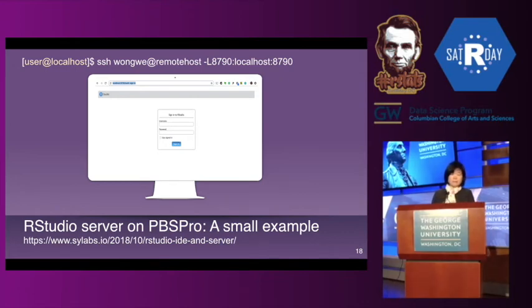If you know the host IP, then you can type in the IP with the port, and then you get the normal login for RStudio. Or the better way to do this is to use an SSH tunnel with port forwarding so that the data is more secure. And now you can access the RStudio server normally and you know that you're getting the computing resource that you need.